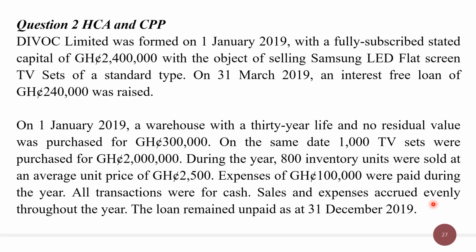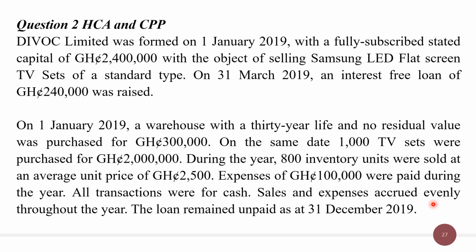Divock Limited was formed on 1st January 2019 with a fully subscribed stated capital of 2.4 million Ghana cedis, with the object of selling Samsung LED flat screen TV sets of a standard type.